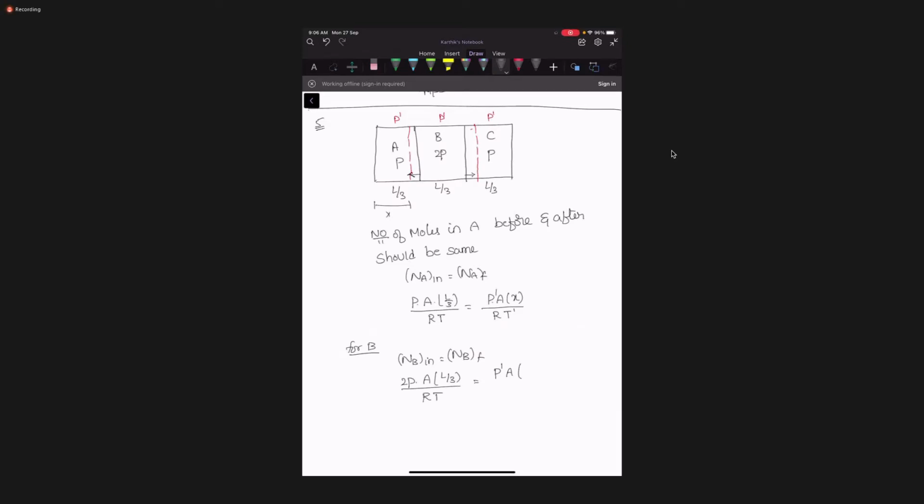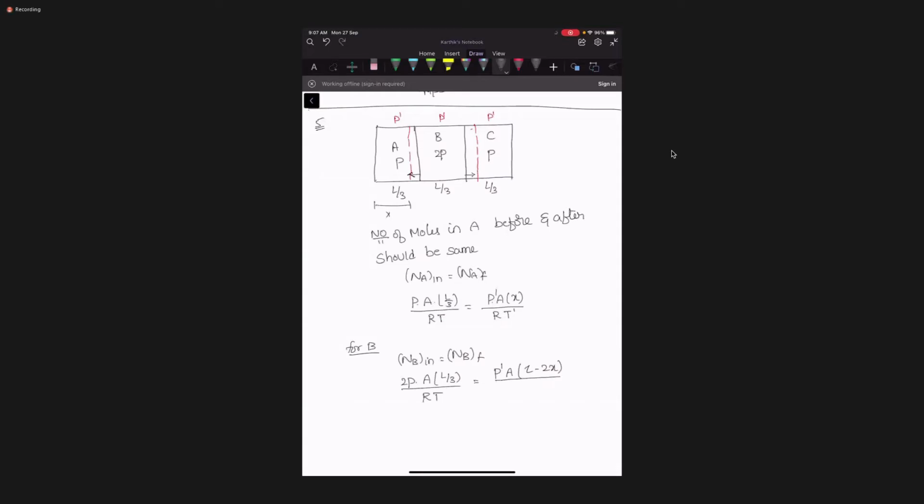Instead of that, can we take an easier one? Total is L. This is X. This is X. So this length will be L minus 2X. See, if this moves by X, C also moves by X. Same pressure, no? Yes, sir. So this will be L minus 2X, right?